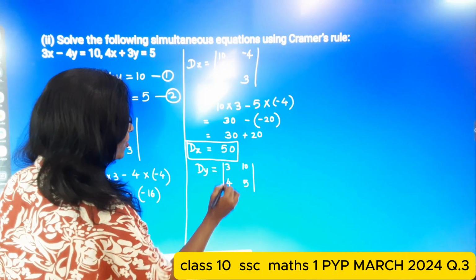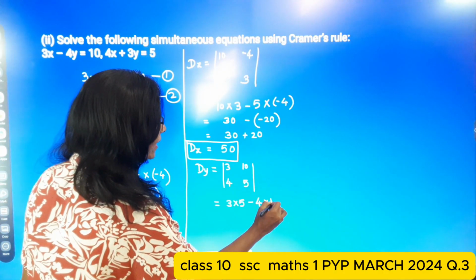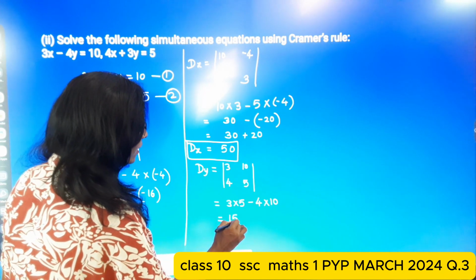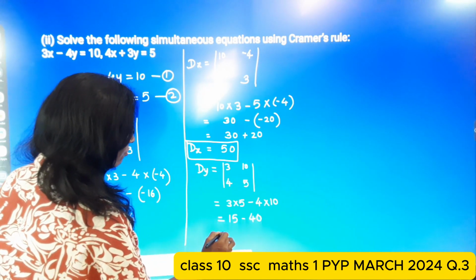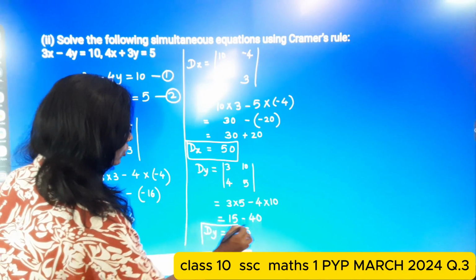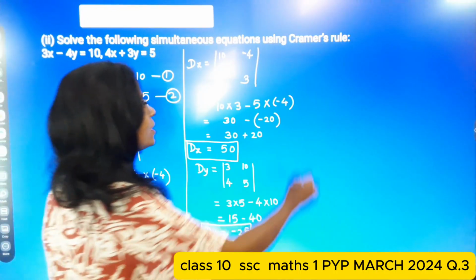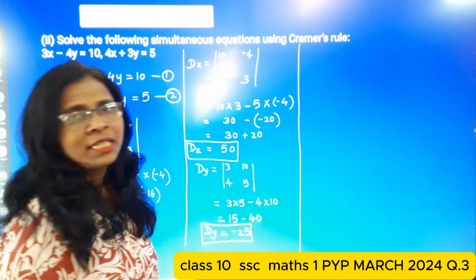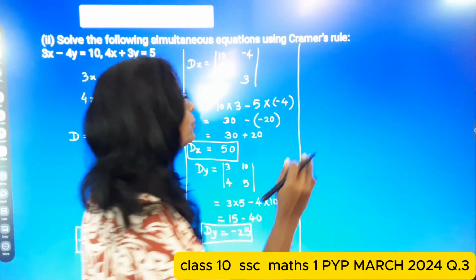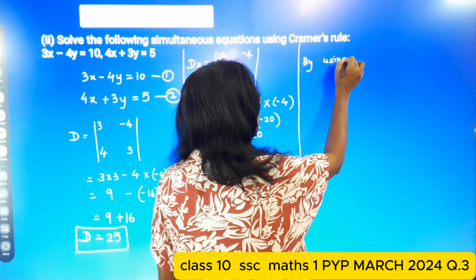So now cross multiply: 3 multiply 5 minus 4 multiply 10 is equal to 15 minus 40. So now that is minus 25. So D of y is equal to minus 25. Okay. Now next, we proceed by applying Cramer's rule.